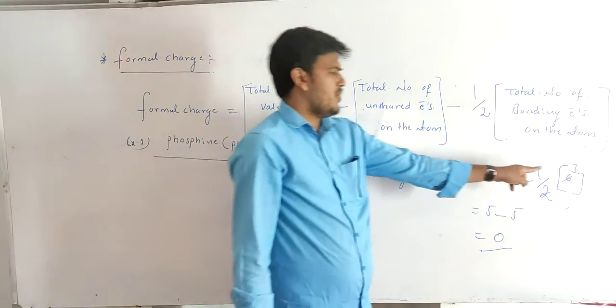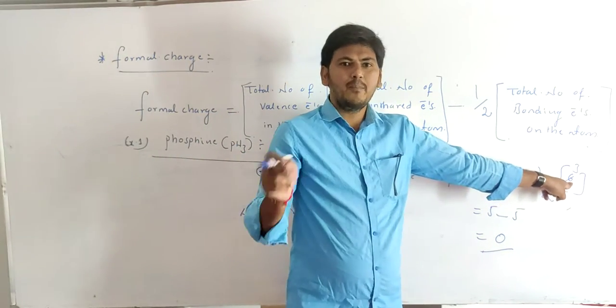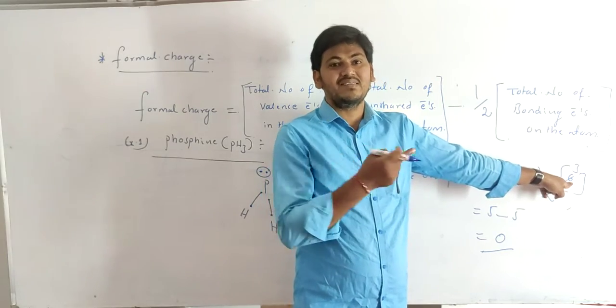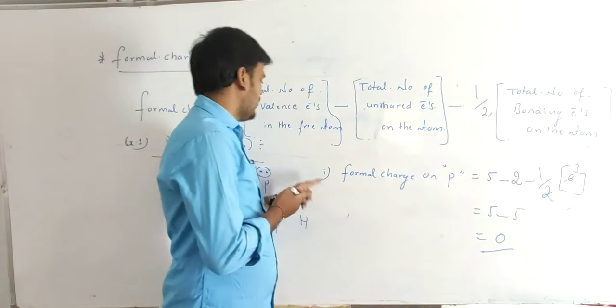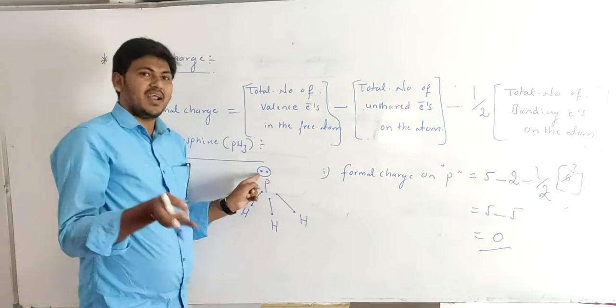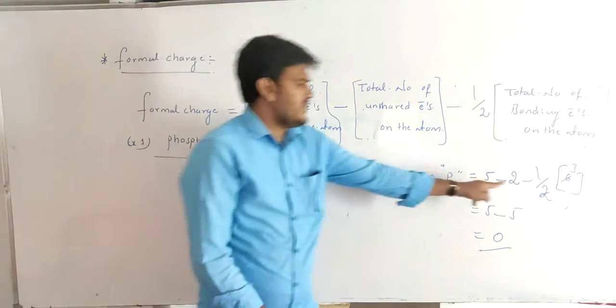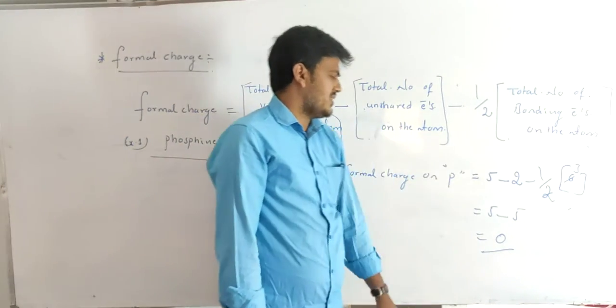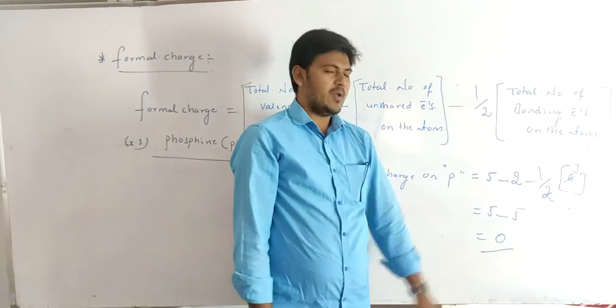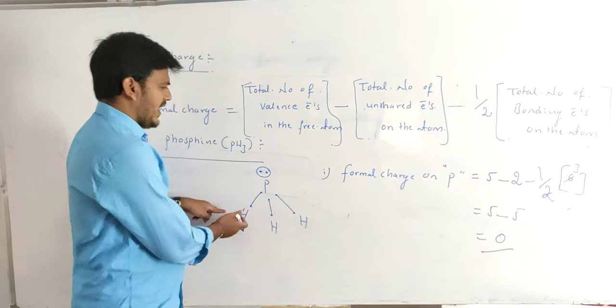Bonding electrons are 6. Bond pairs are 3, but bonding electrons are 6. Lone pairs only 1, but non-bonding electrons, the unshared electrons, are 2. So half into 6 is 3, and 5 minus 5, so the formal charge on phosphorus is 0. And the second atom is hydrogen.